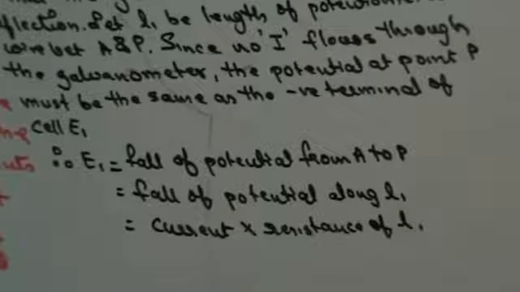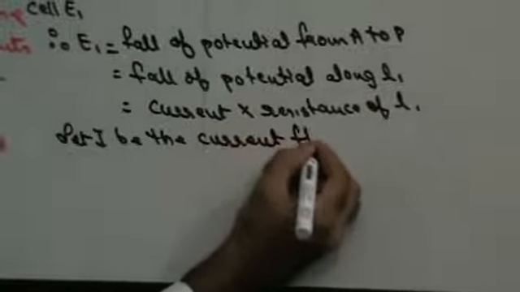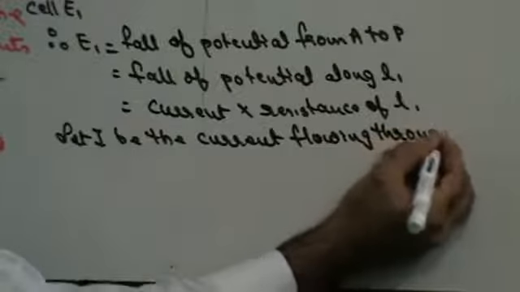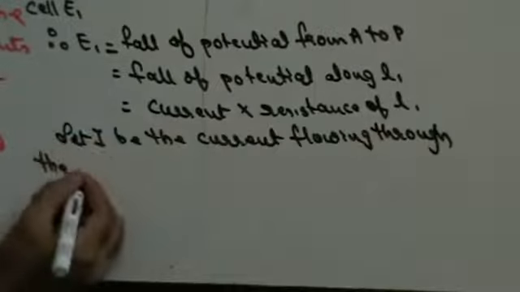Right? Let us assume that I is the current flowing through the potentiometer wire and sigma is the resistance per unit length of the wire.